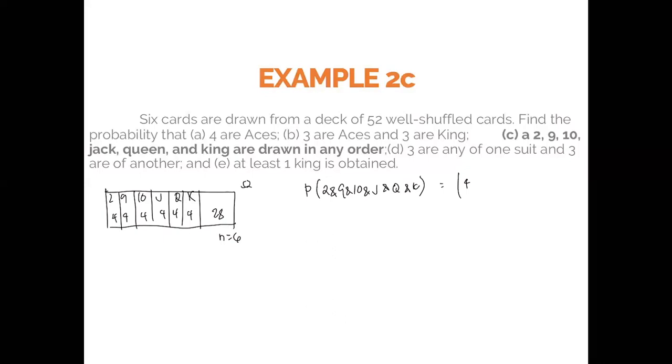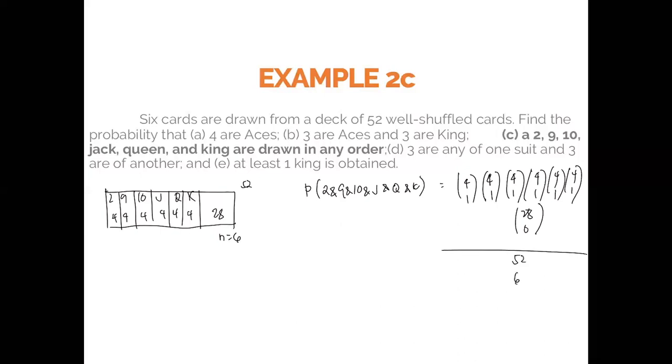So, kukuha tayo ng isa mula dun sa apat. And then, dun sa 9, may apat din siyang card, no? Sa 10, sa Jack, sa Queen, sa King. Okay? Then, mula dun sa failure natin, meron tayong 28. Pero since 6 card na yung nakuha doon, 0 na to. Okay? All over, 52 over 6.